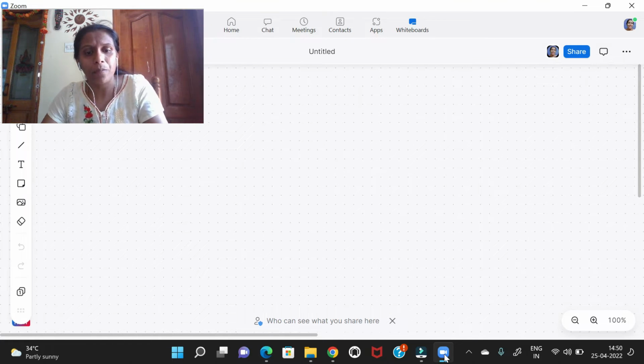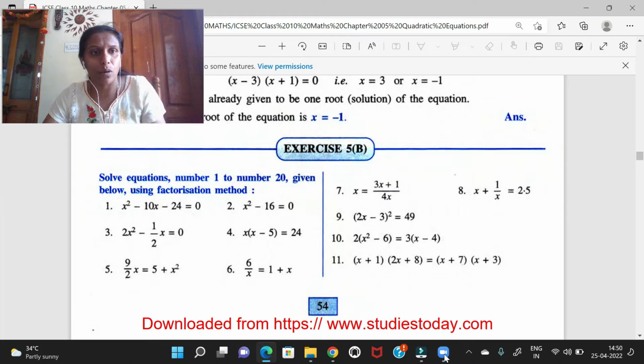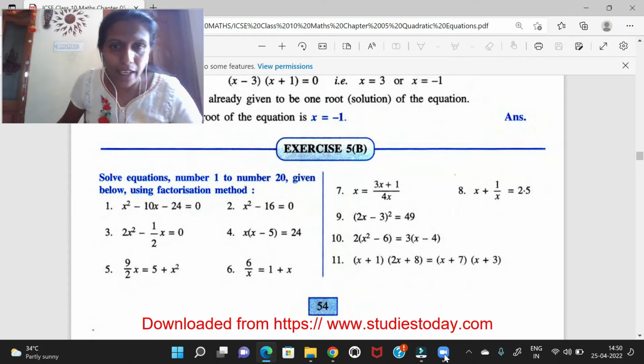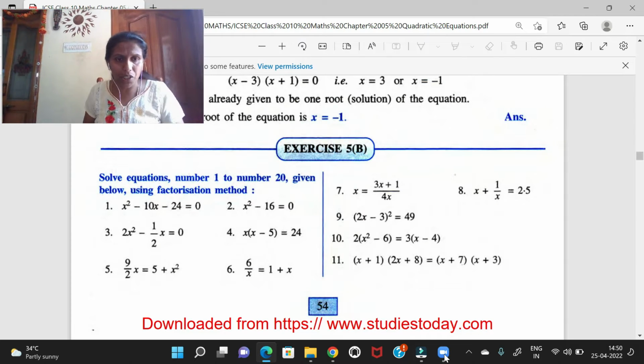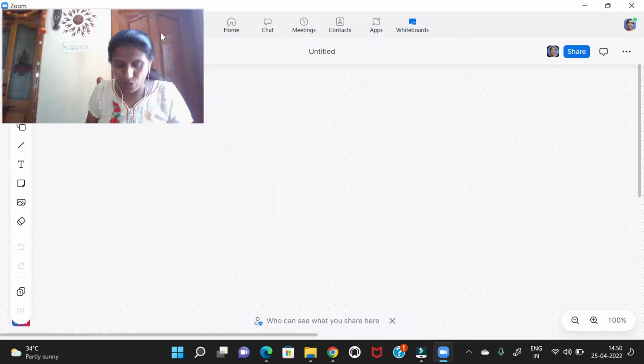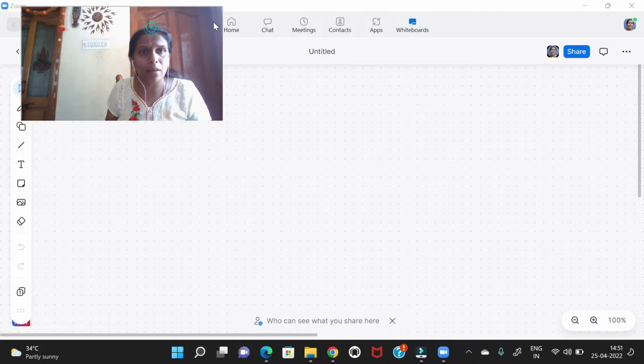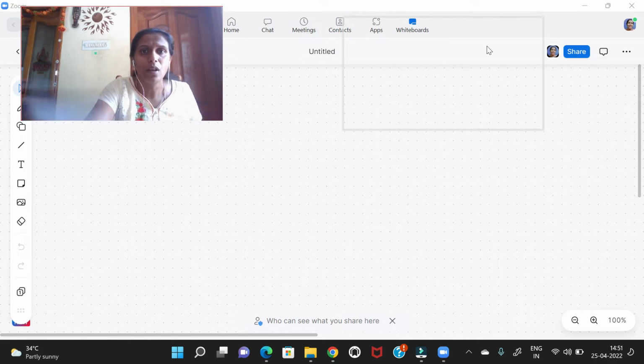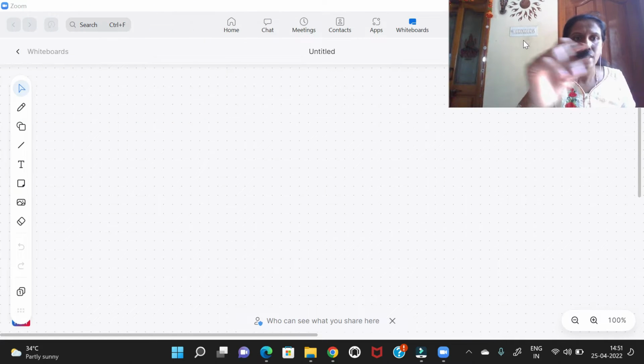So here I'll be opening the book. As I said, I'll be working on exercise 5B. The question I would like to take here is the third question, which gives you 2x square minus half x is equal to 0. If there are different methods applicable, I'll be taking the different methods also. Else I'll be working on a single method.